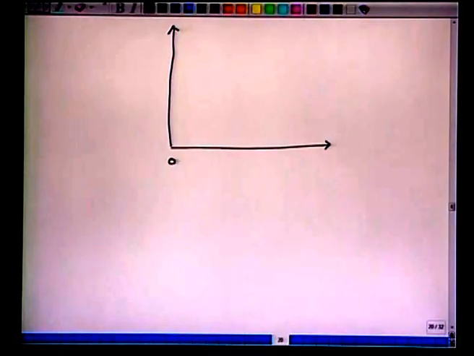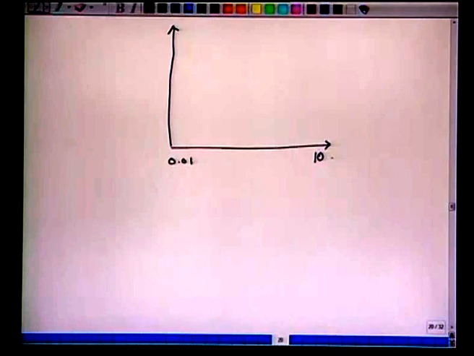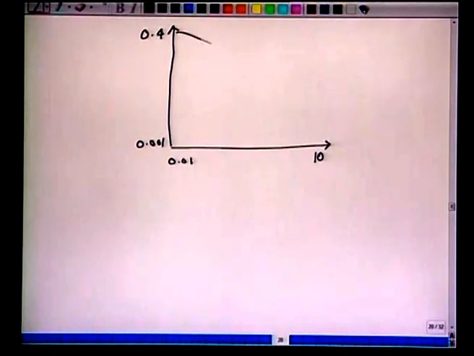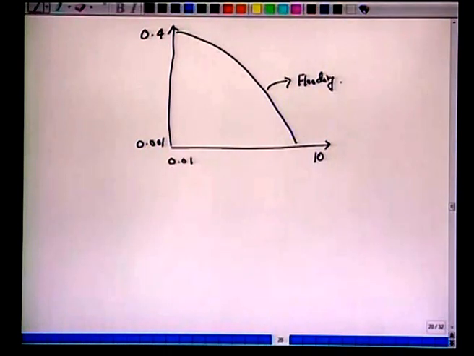We have this plot, 0.01, typically we have here 10. Okay, here you have 0.001, 0.4, and you have several of these curves. The top curve, of course, we know this is the flooding curve. Okay, and then you have several other curves with different pressure drops.